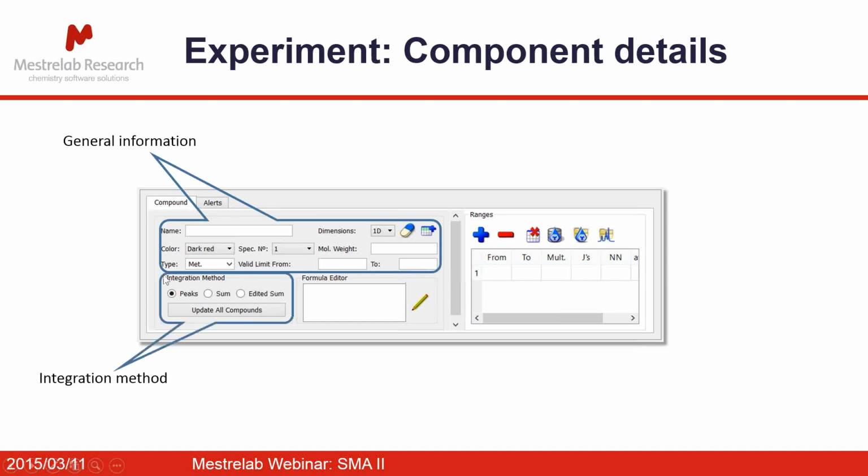You can see an area where you can select the integration method, how you would like the integrations to be determined for your components. You'll see a formula region over here, so this will be displayed in the formula editor, and clicking on the pencil opens the formula editor. And then on the right hand side here we have the ppm ranges, various ways in which to import them, which you'll see in a minute.